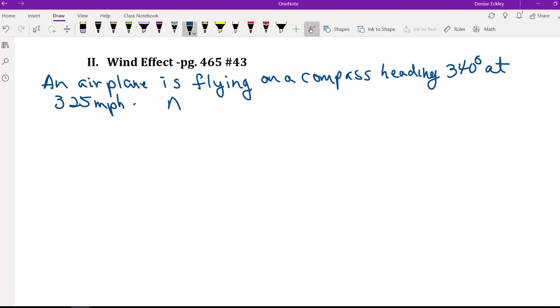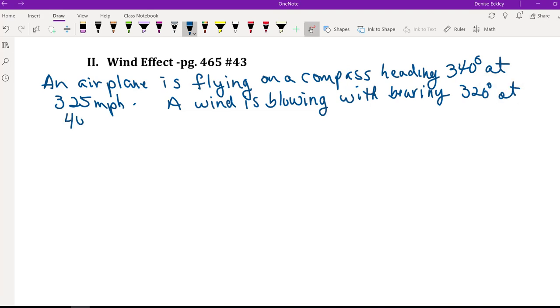Okay, so now we have a wind blowing with bearing 320 degrees at 40 miles per hour.